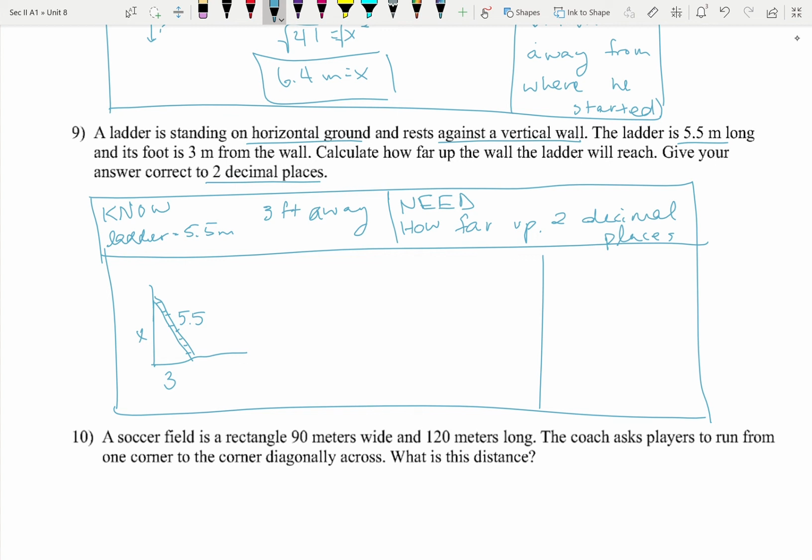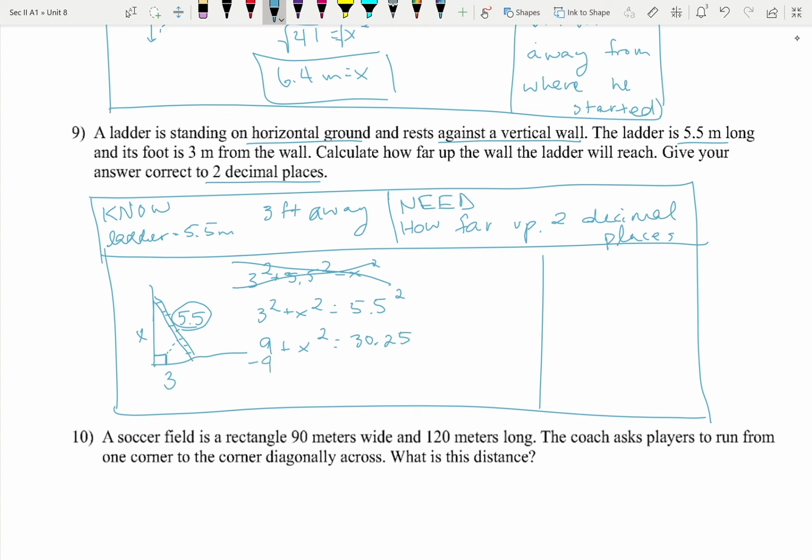So if I find my right angle directly across, here's my hypotenuse. So this is not going to be 3 squared plus 5.5 squared, which is a super common mistake because we just want to assume x is c, but that is not correct because 5.5 is our hypotenuse. So the equation that we actually have is 3 squared plus x squared equals 5.5 squared. So we're going to get 9 plus x squared equals 30.25.